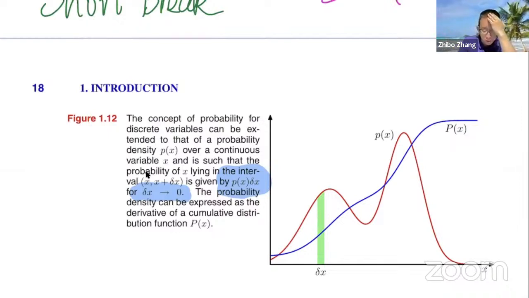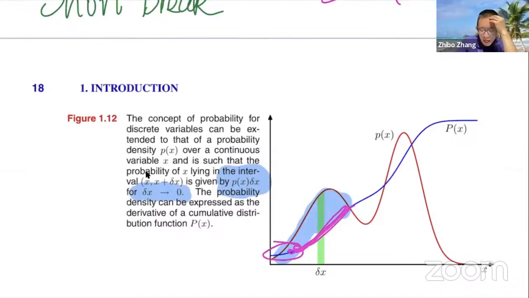If you look at this area, the density is a little bit high, so the slope of this CDF, which is short for cumulative distribution function, is increasing a little bit faster than this part.